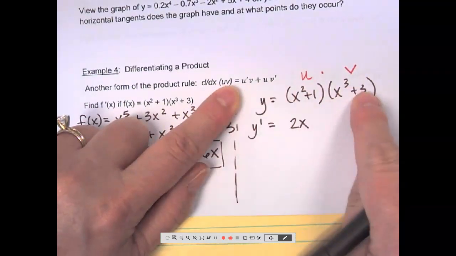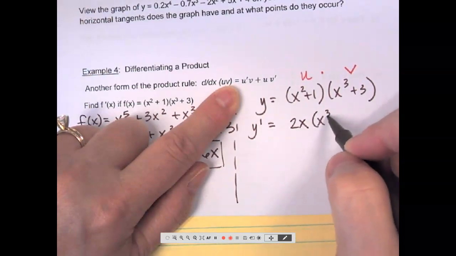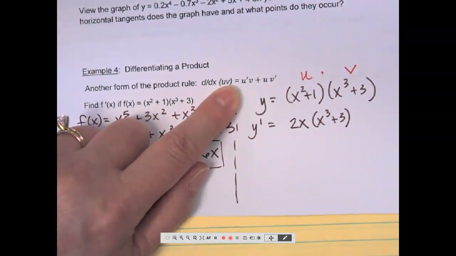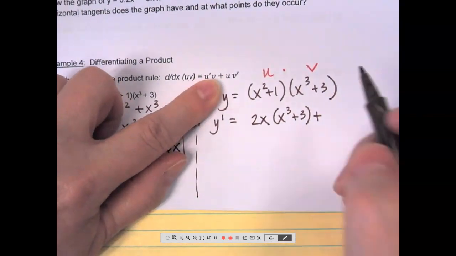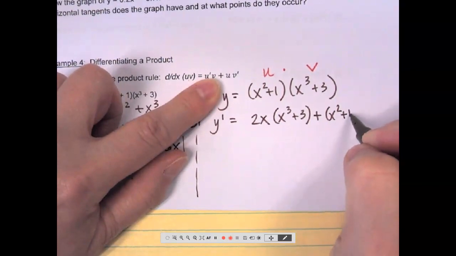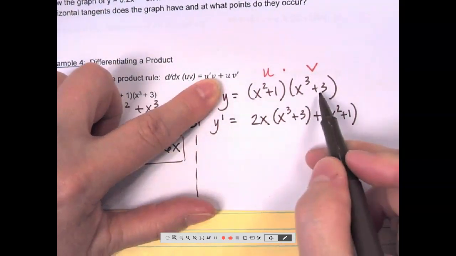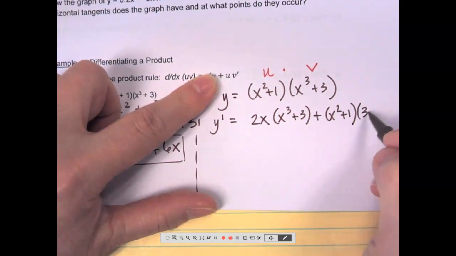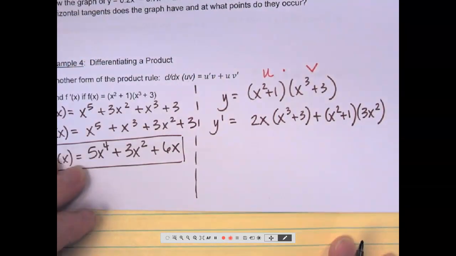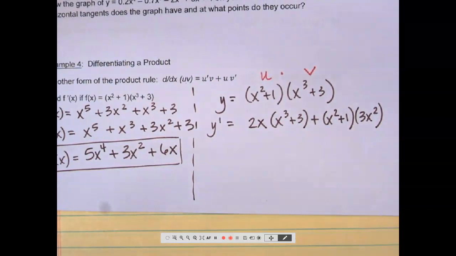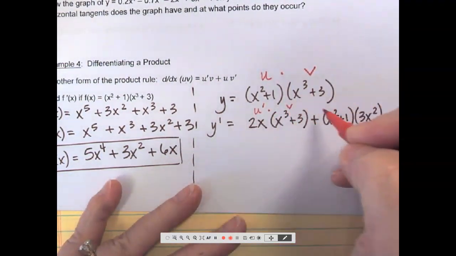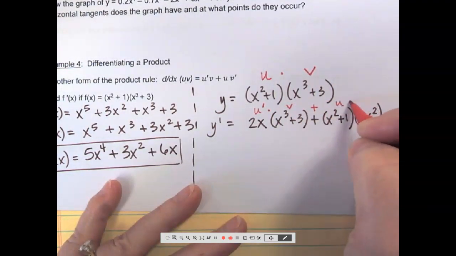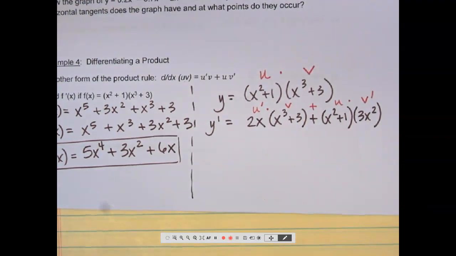Times v, x cubed plus 3, plus u, which is x squared plus 1, times v prime, the derivative of v is 3x squared. Okay, so I'm going to write below or above these: this was u prime times v plus u times v prime. So that's how we applied the rule.